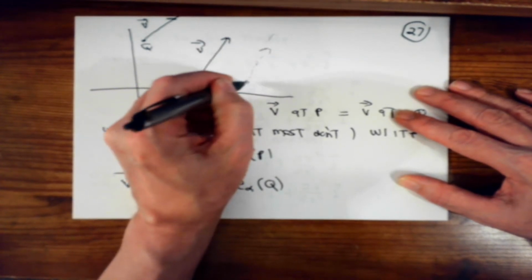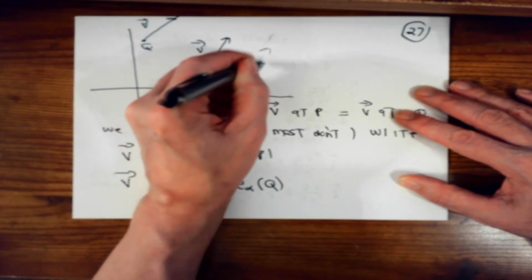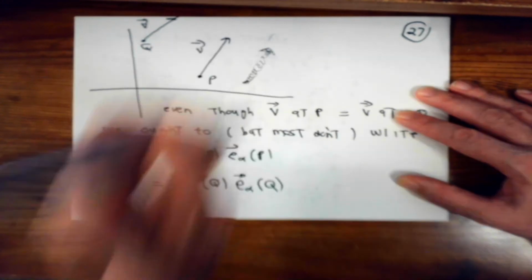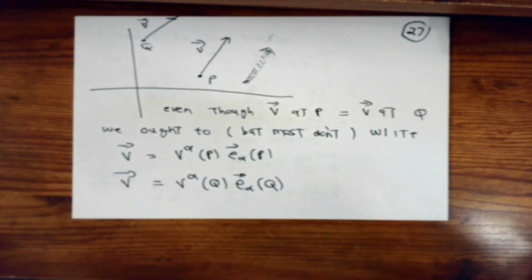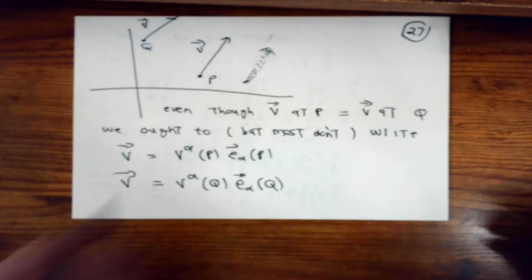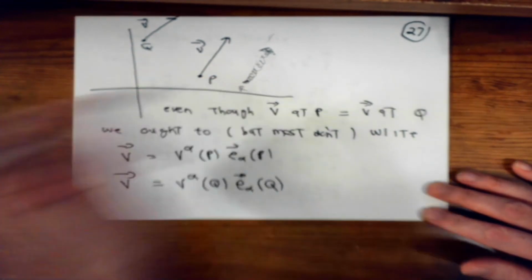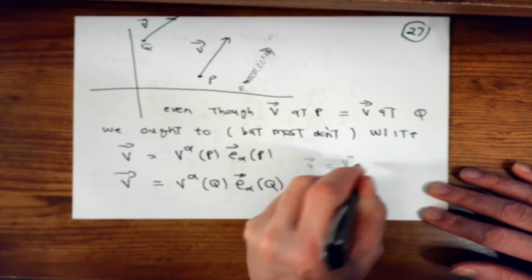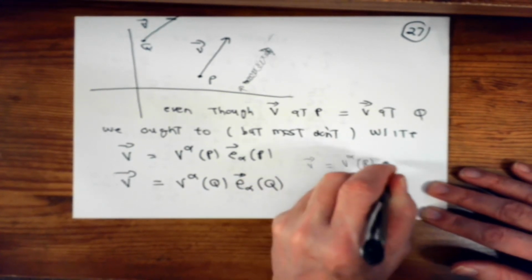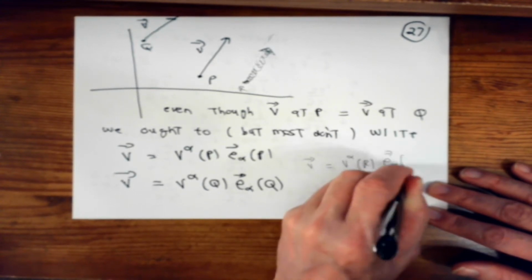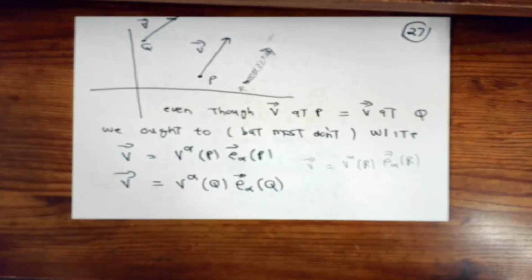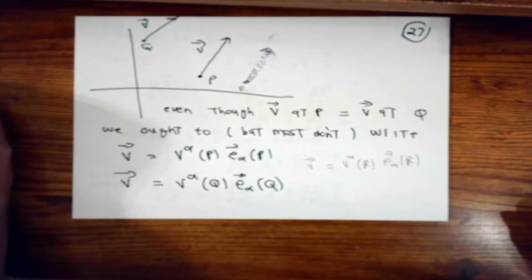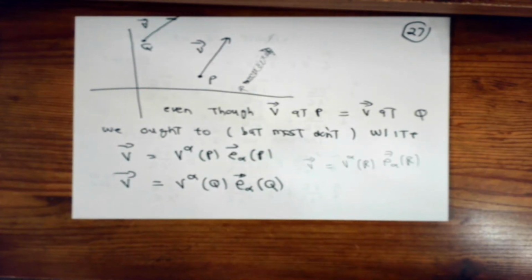I could start at the initial point, and thanks to the Euclidean parallel postulate, I could just make another point. This could be point R. V would also equal V at alpha at point R times E alpha at point R. But this is so obvious in the flat two-dimensional case, people frequently don't do this.